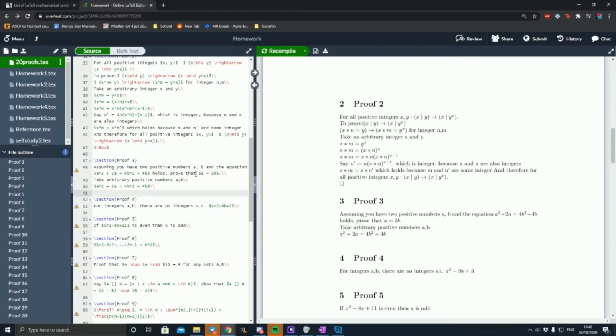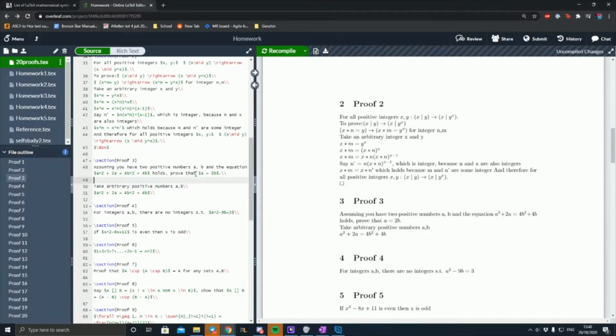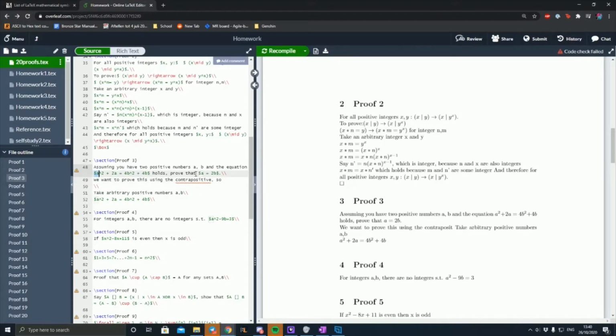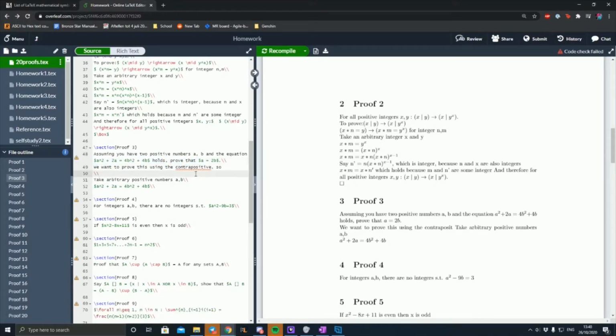Maybe you can prove the contrapositive? Ooh, that's a good one. We want to prove this using the contrapositive. So let's see.